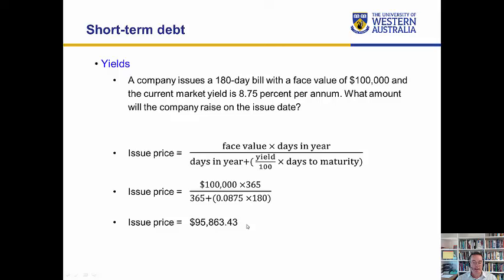So the lender will pay the 95 odd thousand, and then in 180 days the lender will get $100,000 back. So the lender's return is $4,136.57 over this initial investment of 95 odd thousand. So short-term debt, discount securities.